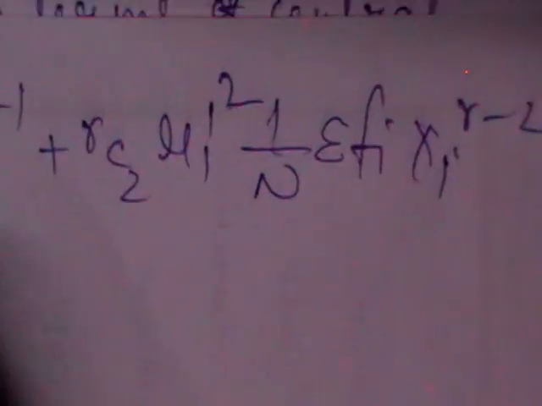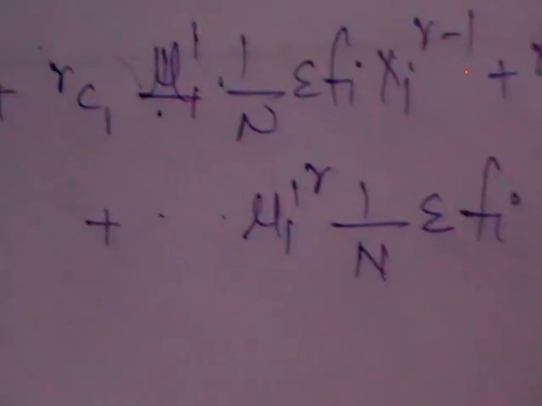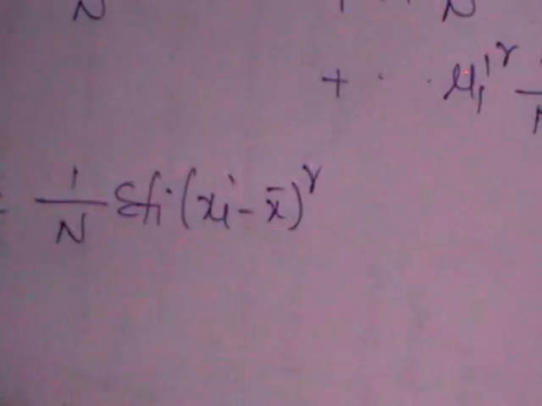the last term is mu1 dash power r. We can take it out of the sigma, 1 by n sigma Fi. So what is sigma Fi? Always capital N. So 1 by n, I want to replace this Xi. What is Xi here? We have assumed that capital Xi is xi minus x bar.